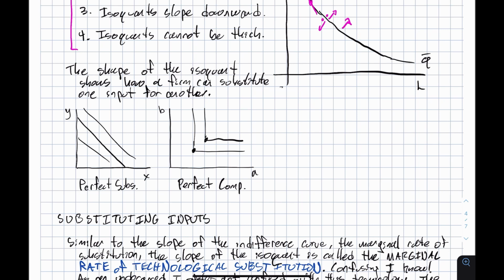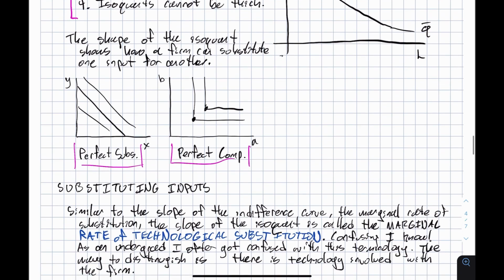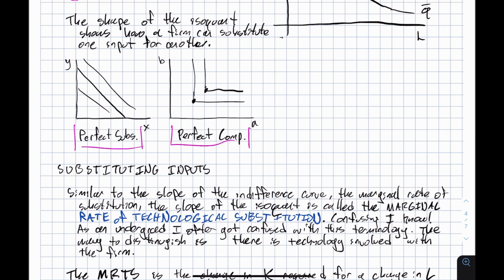So this graph on the left here captures what we call perfect substitutes, where input x can be substituted perfectly with some level of input y. This second graph here is perfect complements, where we need to increase both a and b at the same time to move to a higher isoquant.